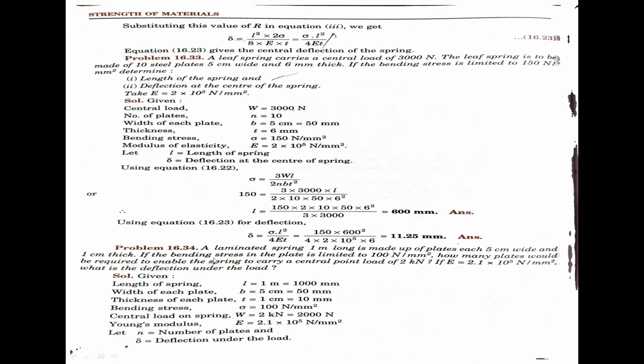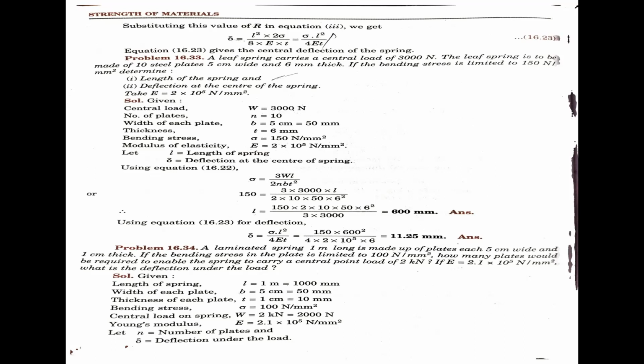I have to substitute sigma value 150, L value already calculated as 600 mm, and 4 into the value of capital E, 2 into 10 to the power of 5, t thickness of the plate 6. Finally, 11.25 mm, that is the deflection of the spring.